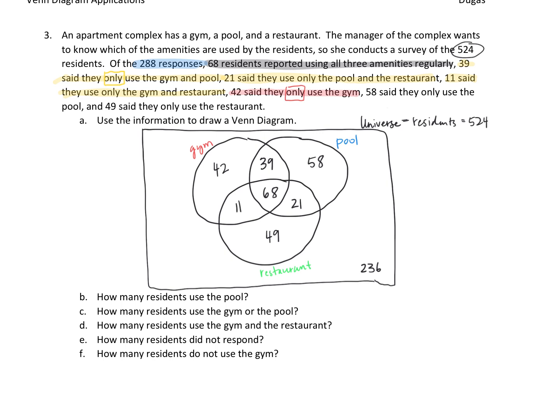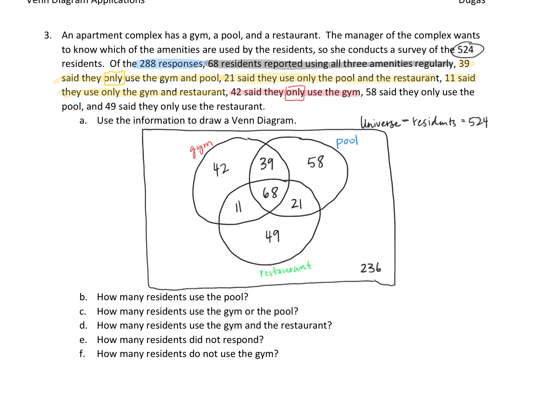Okay. So how many residents use the pool? So to find how many residents use the pool, now it doesn't say only. If we want to know how many residents use the pool, that's all of the numbers within the pool circle. So we're going to add up those numbers.